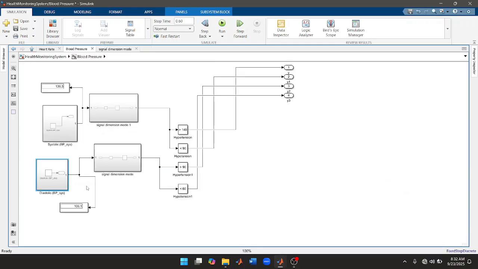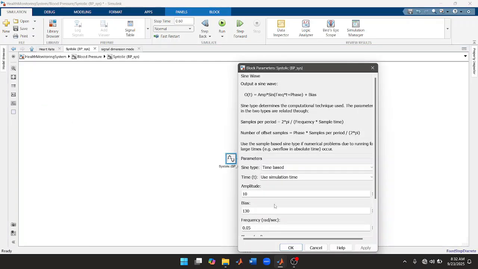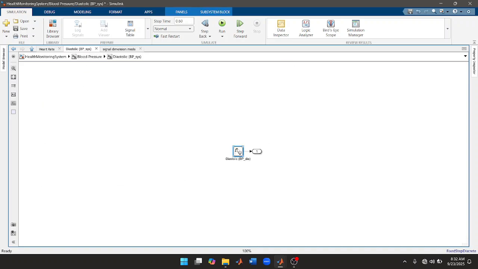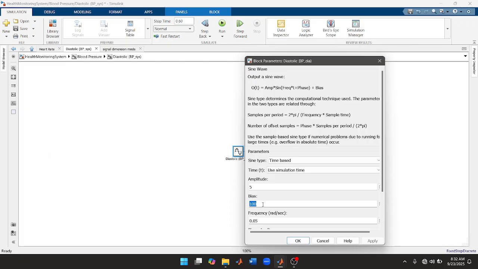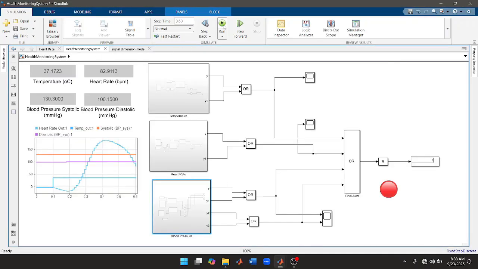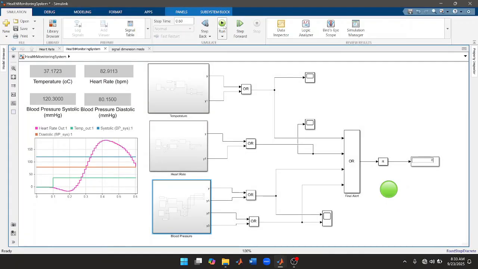So this is a very simple, small system, and I want to run it again under normal condition. Let's see that everything is back to normal. Everything is back to normal.